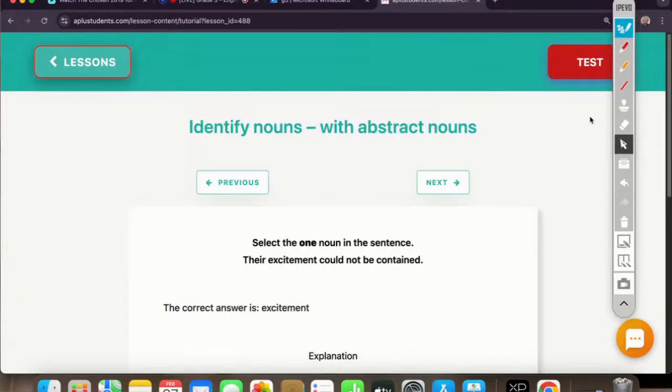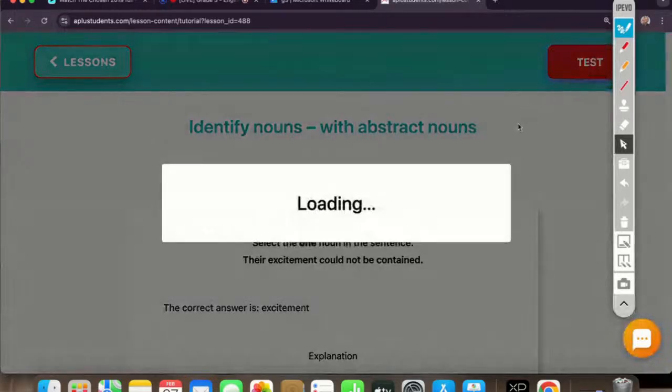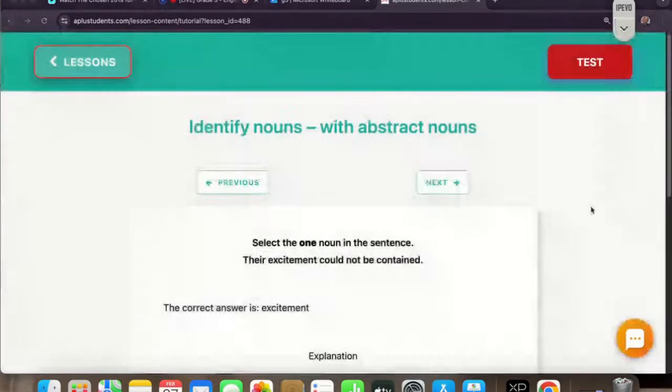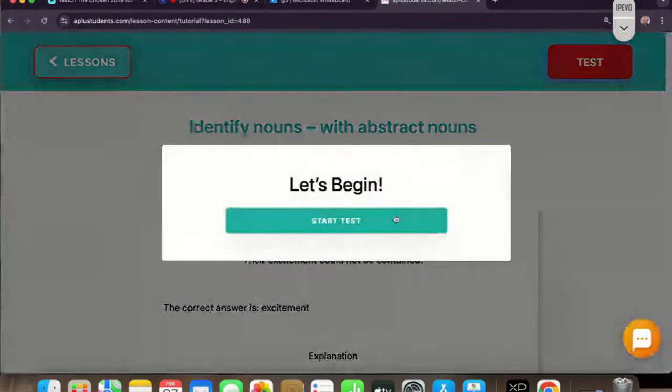So over here we have excitement as the noun, even though it's an abstract noun because you cannot see it, you can only think about it.